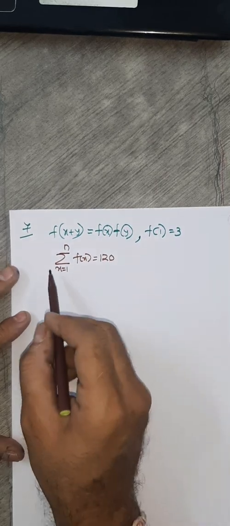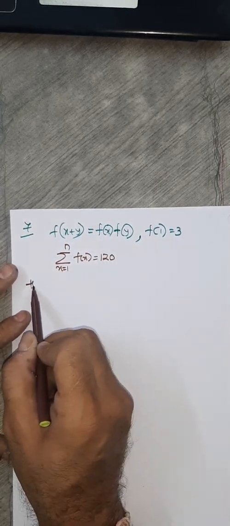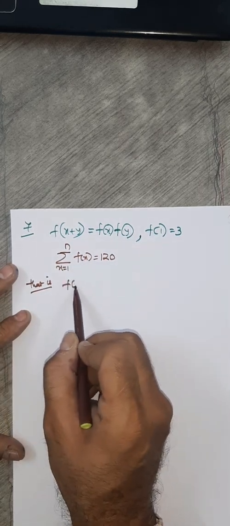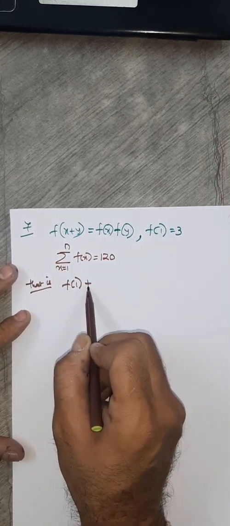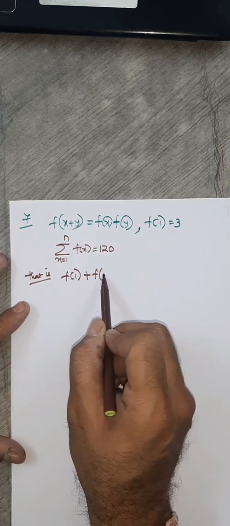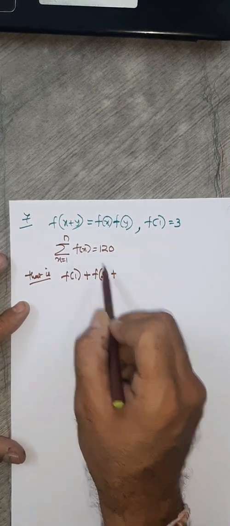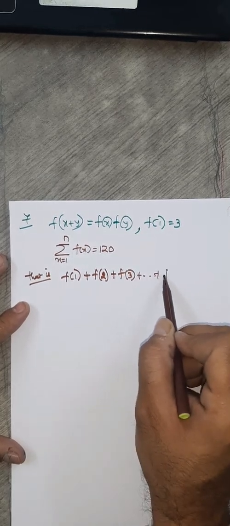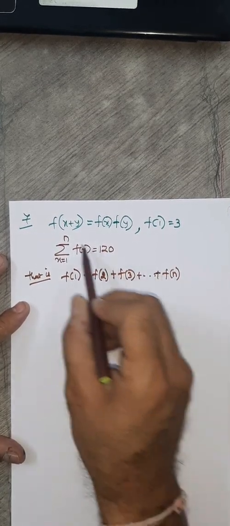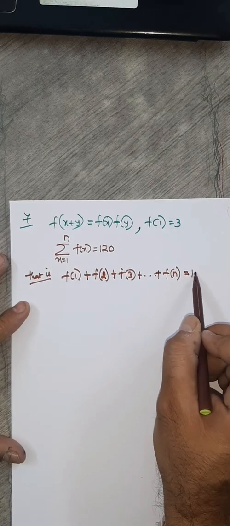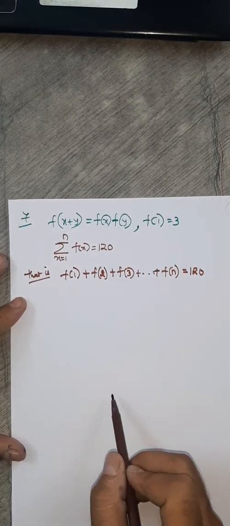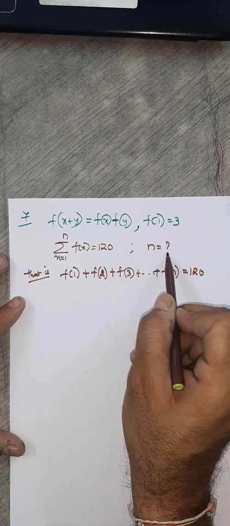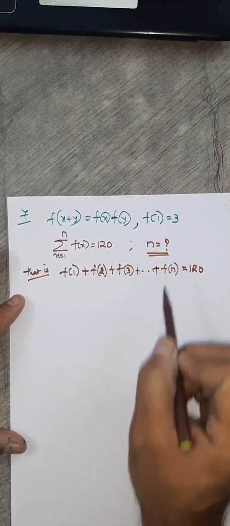That's also given to us. What's the meaning of this? If I take different values of x, put 1 here, f of 1, sigma means plus, f of 2, next is 3, and so on. Finally it is f of n equals 120. That is given to us. And what is asked? We are asked to find n. What is the value of n? That's the question.